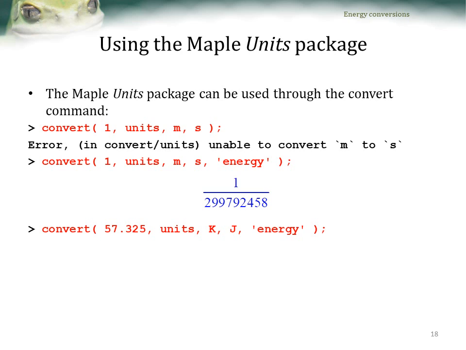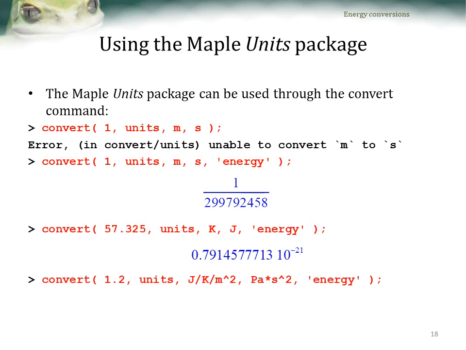If you tried to convert kelvins into joules, you get the number that we saw previously. And if you wanted to convert 1.2 joules per Kelvin per meter squared into Pascal seconds squared in energy, yep, you can do it.